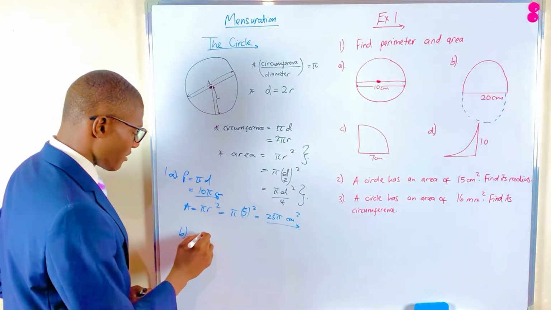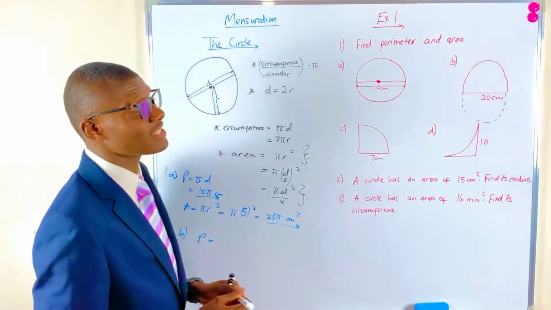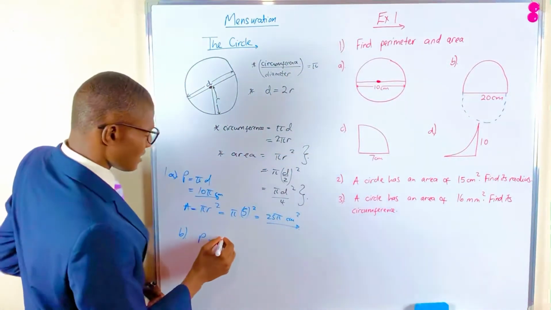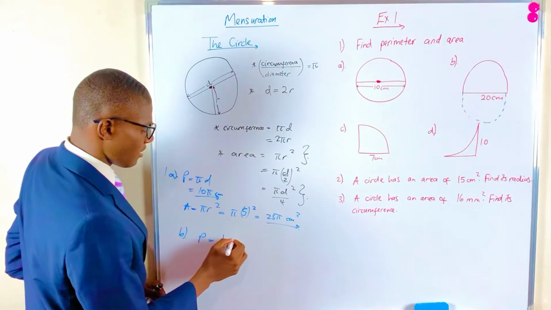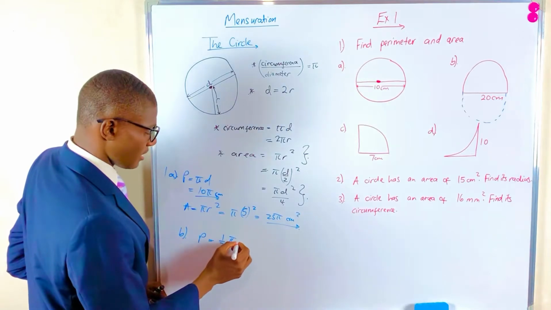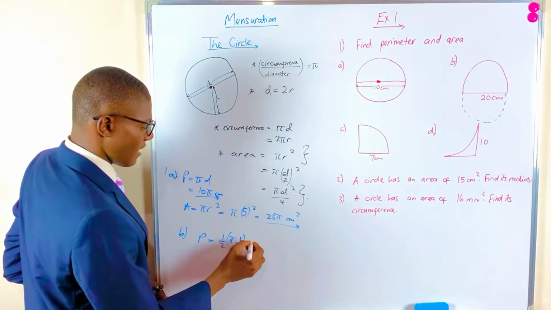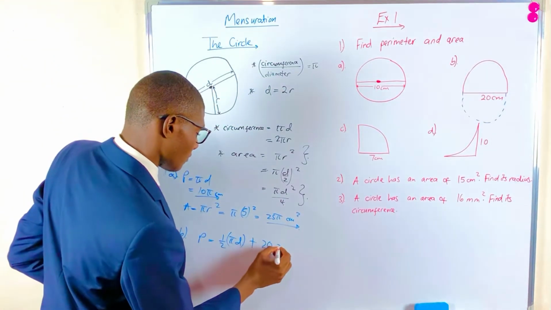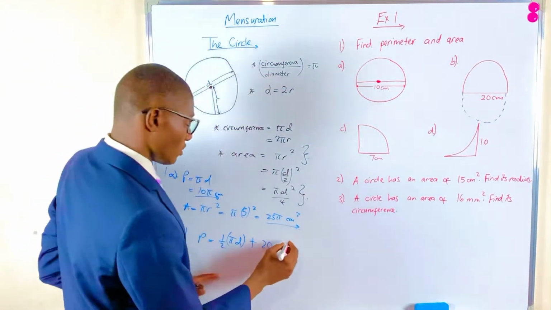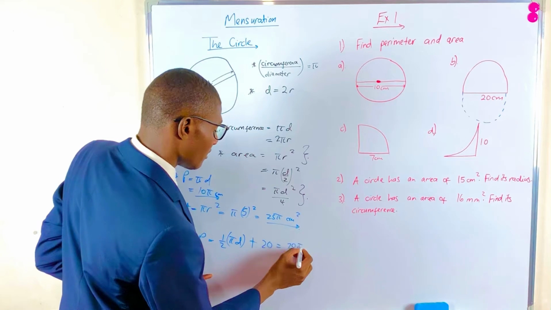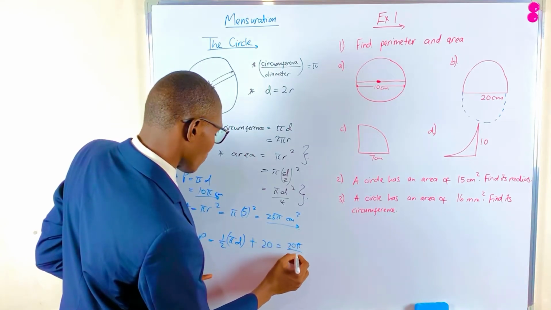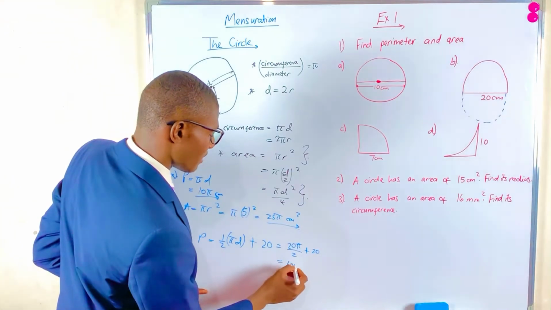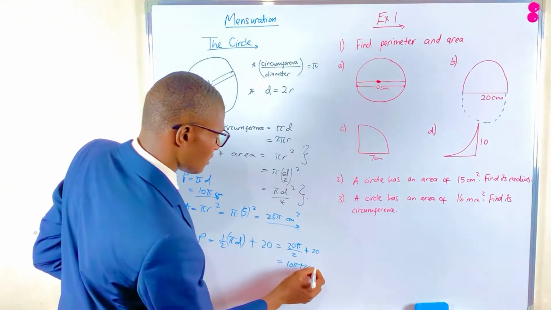So we're saying perimeter is going to be given by the circumference of half of a circle, which is half pi d, then plus the 20 centimeters. And then pi d is going to be 20 pi over 2 plus 20, which is just 10 pi plus 20.